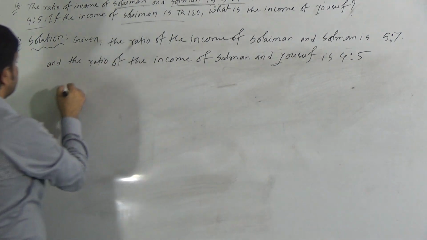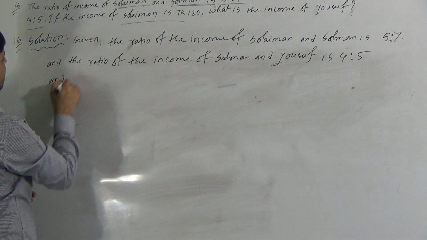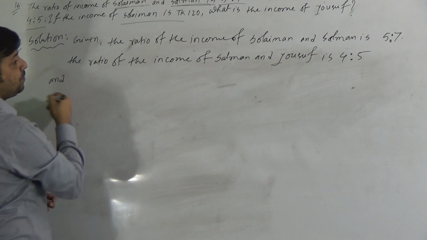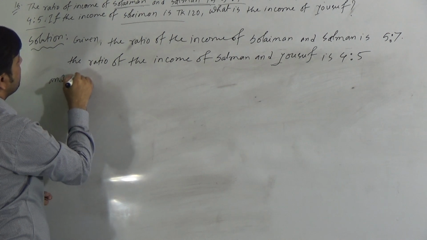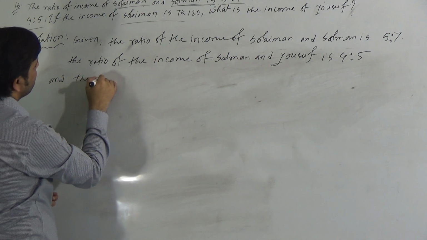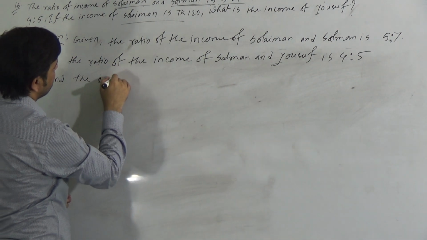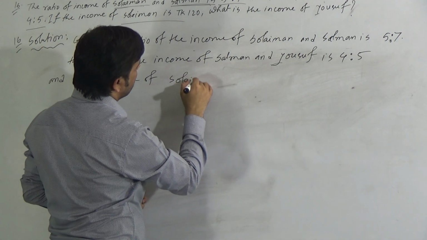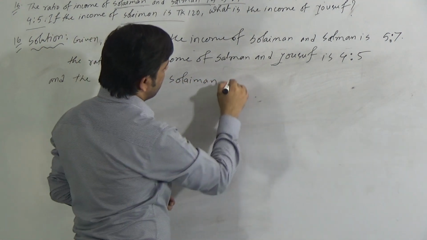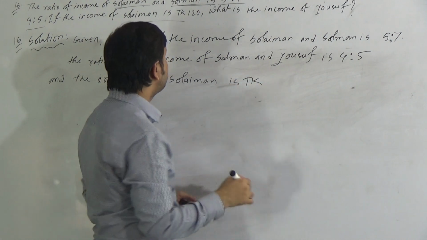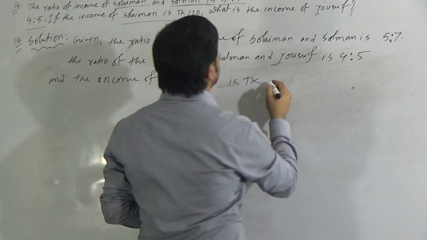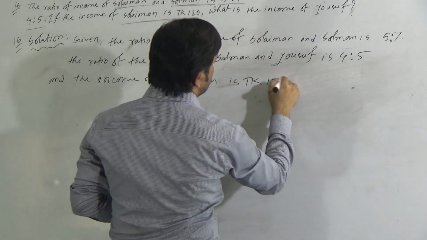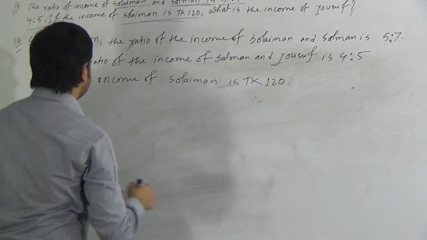And another piece of information given is that the income of Sulaiman is taka 120. So we can determine the income of Salman.